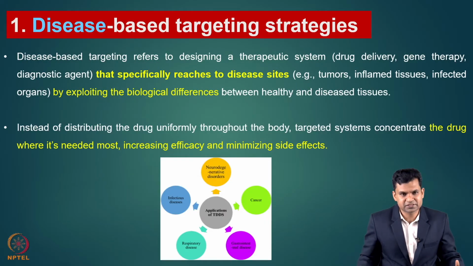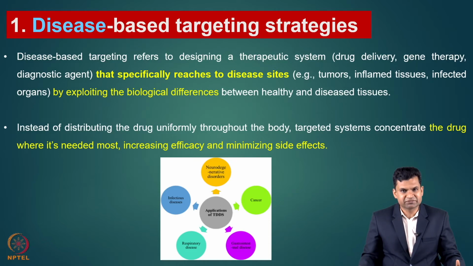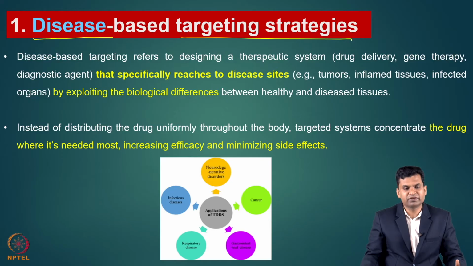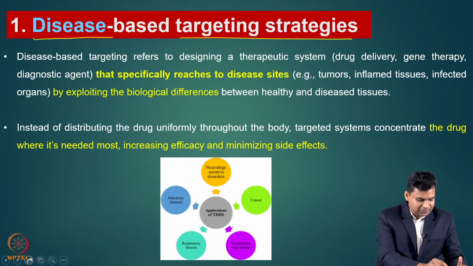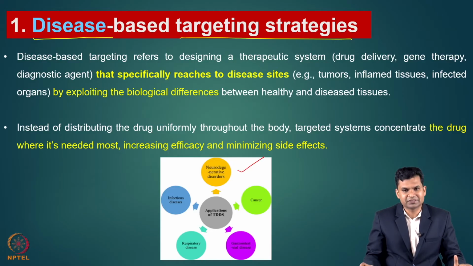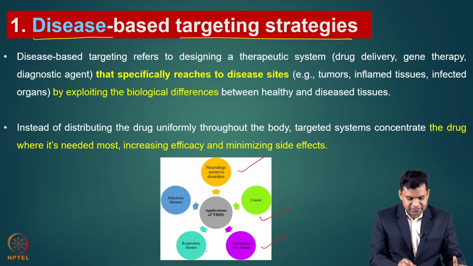As we discussed, these targeting strategies can be classified into 4 sections. The first one is disease based targeting. Here you can see the various types of diseases: first, neurodegenerative disorders, nothing but all central nervous system related diseases, which we can target using the disease targeting approach. Then cancer, gastrointestinal diseases, respiratory diseases, and infectious diseases.